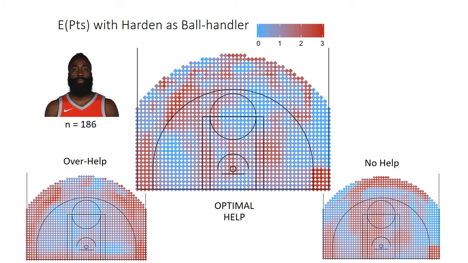Conversely, if the teams were to not help at all and suck up onto their respective guys and the shooters, James Harden starts to hit you with his patented step-back jumper and ISO, getting a lot of threes, and is also able to get to the lane on you because there's no one inside to help off of and help guard in the lane. So I found that very interesting, and it seemed like this optimal help was a good sweet spot to minimize the effectiveness of the offense in this scenario.